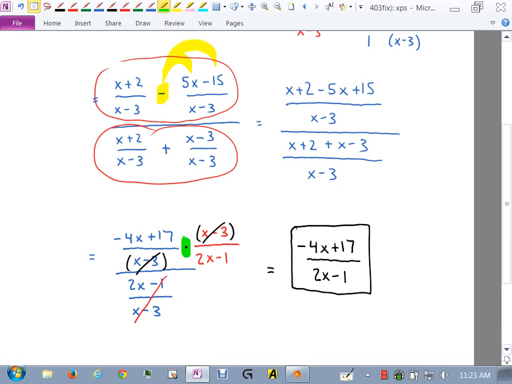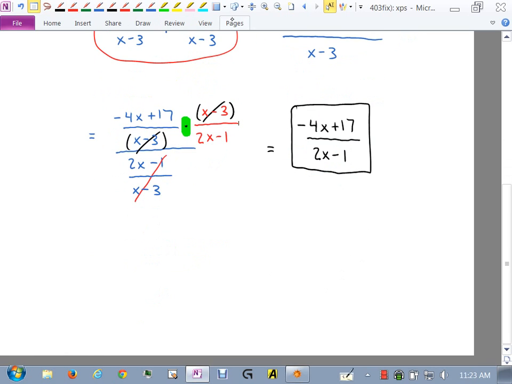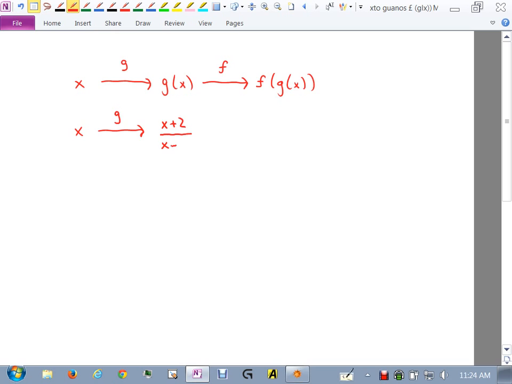Okay, now domain. So for the domain, I'll start a new page. We had x going through G first, then G going through F, which gave us f of g of x. So that means x went through G first and came out, what was G? X plus 2 over x minus 3.